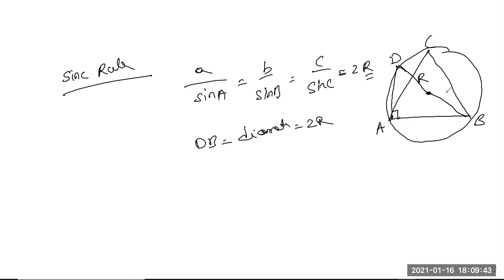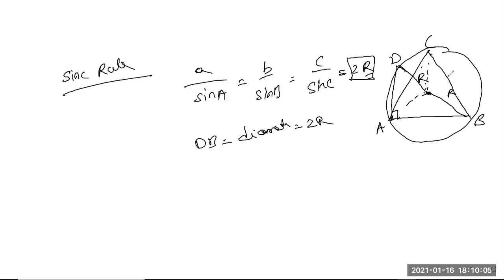So this is r, then this is also r, and this is also r. These are all radii. So a by sin A is equal to b by sin B is equal to c by sin C is equal to twice r. I'm explaining why it is related to 2r, because I didn't explain this earlier.